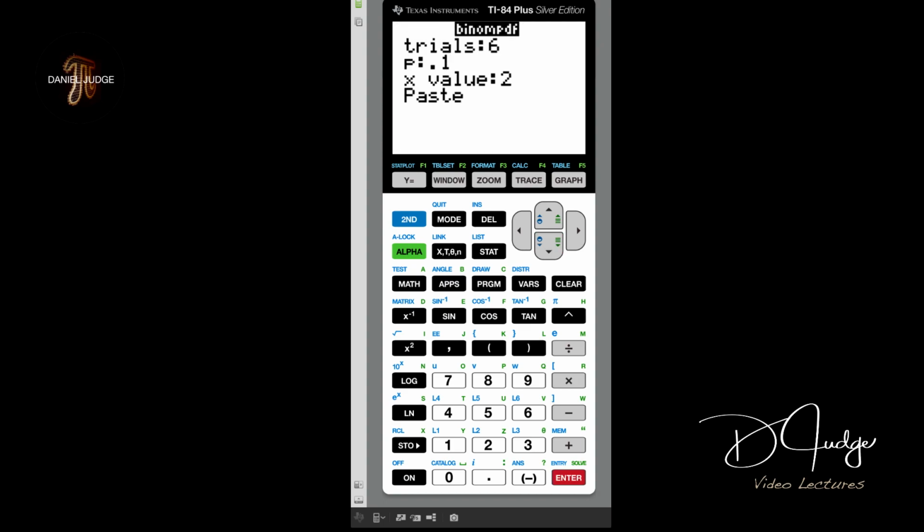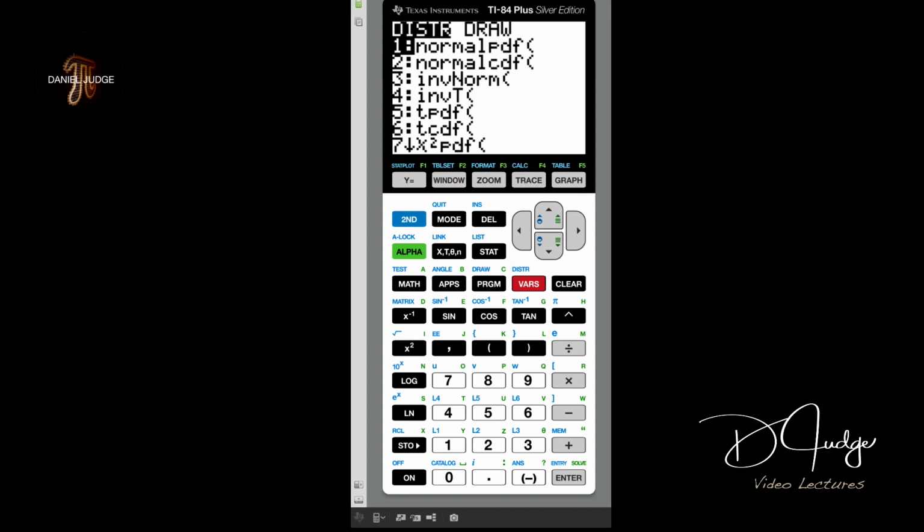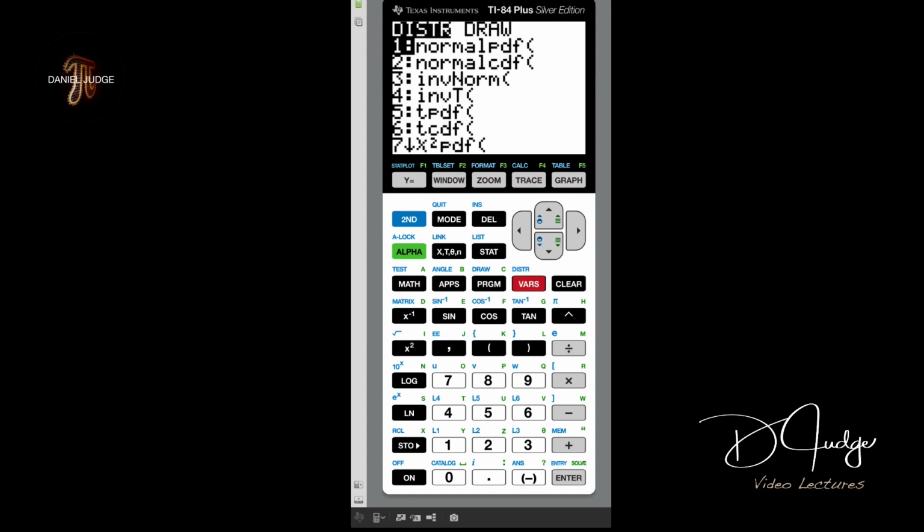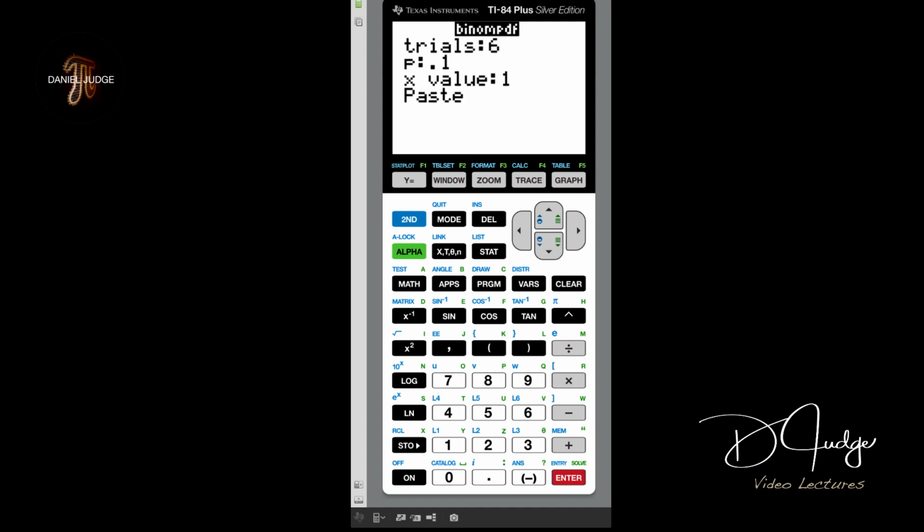They can say, okay, start with a 0 plus second distribution, the next value for x is 1 plus, again, we had 0, we had 1, now we have to have 2. Okay, close that. Now hit enter.